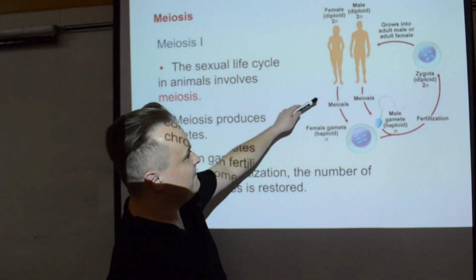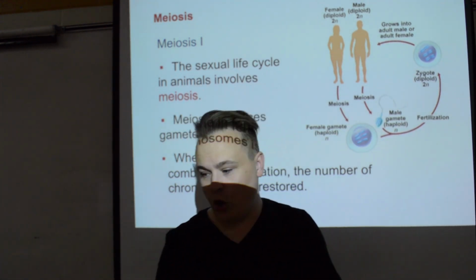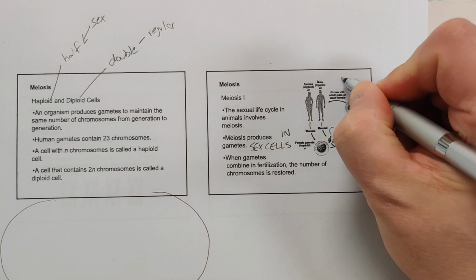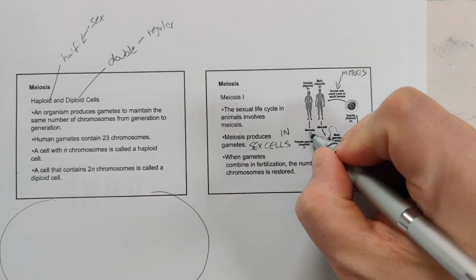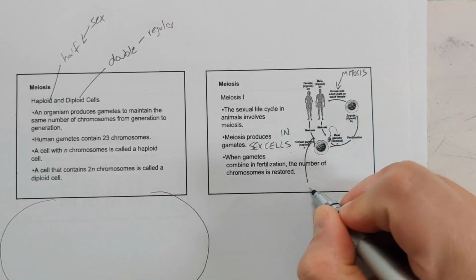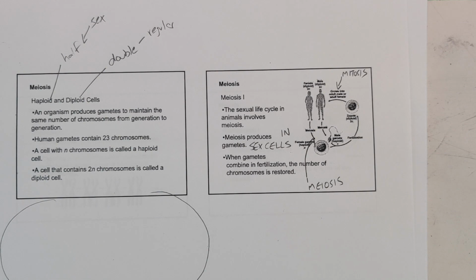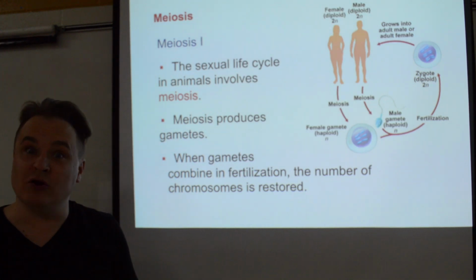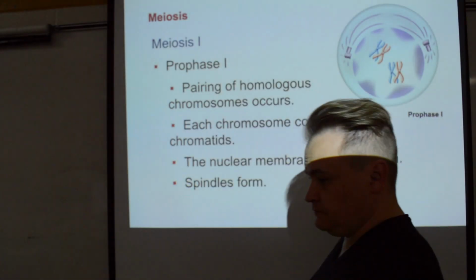So here, meiosis. Here, you should actually put mitosis to grow. So let's add that. All right. Awesome. So now let's take a look at meiosis round 1, and then we'll get into round 2 right away.